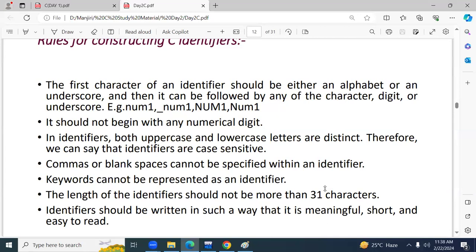So 31 characters, maybe nowadays very big processors are coming, and the configuration of your systems is very big currently, because right now it is TB, 1 TB hard disk is coming, and the processor is more than 64. So at that time the length of the character varies, that is what I want to tell you.